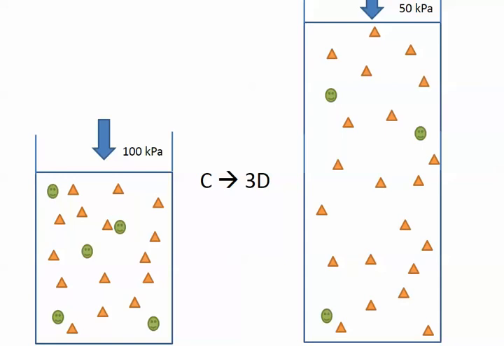Initially we have 5 smiley faces, which represent the reactants, and 15 products, which are represented by triangles. When we increase the volume and decrease the pressure, we have fewer smiley faces, only 3, and more triangles. So we're shifting to the side that's going to try to fill up that space.